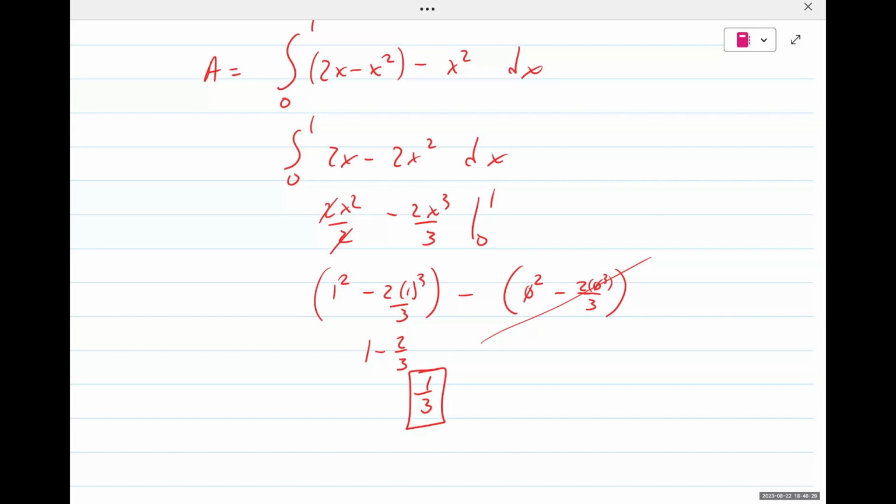Professor, I have an idea. Yes. Your solution is to create a graph to see what function is on the top and what function is on the bottom.